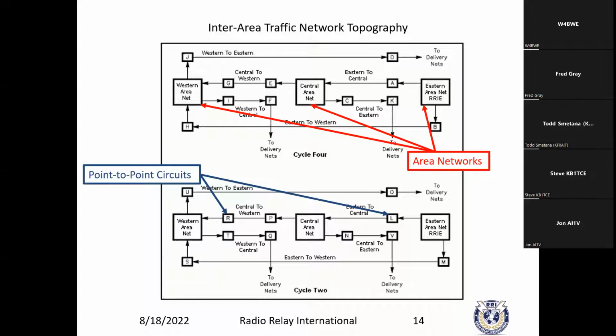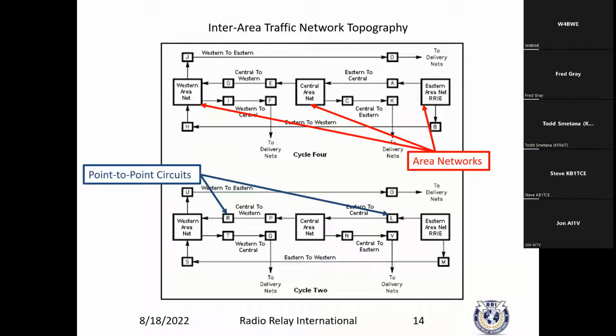The idea here was to repurpose what we call IATN. Those are the circuits that would typically link the area nets. Within the prototype plan that we used for Cascadia Rising, these were transformed into priority entry point frequencies, where people in the disaster area could inject priority or emergency, perhaps I should say test priority or test emergency, traffic during the exercise.